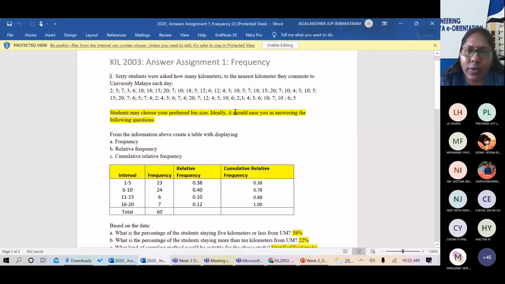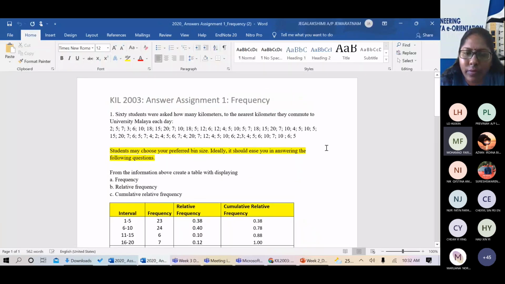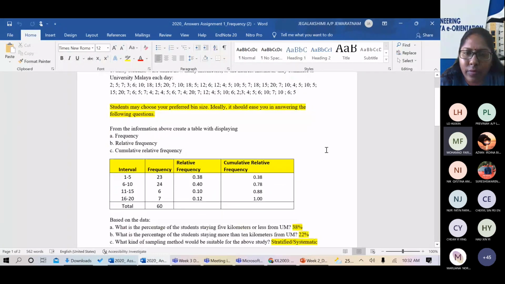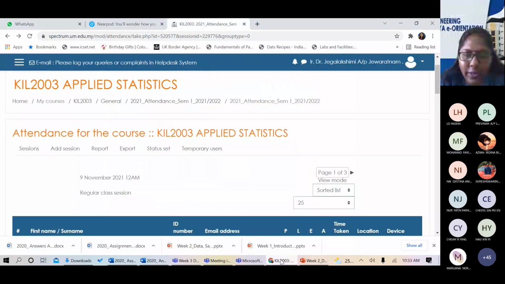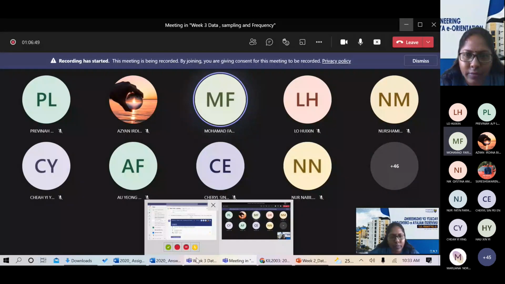Anyone would like to answer? How did you choose your bin size? Looking at the minimum and the maximum. Yes, you use the minimum and the maximum, right? And what did you do after that? Try to make intervals of it.